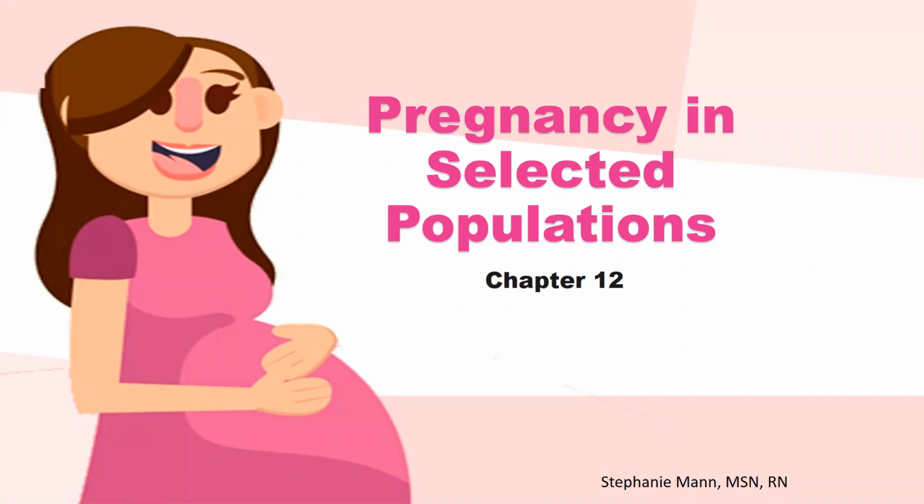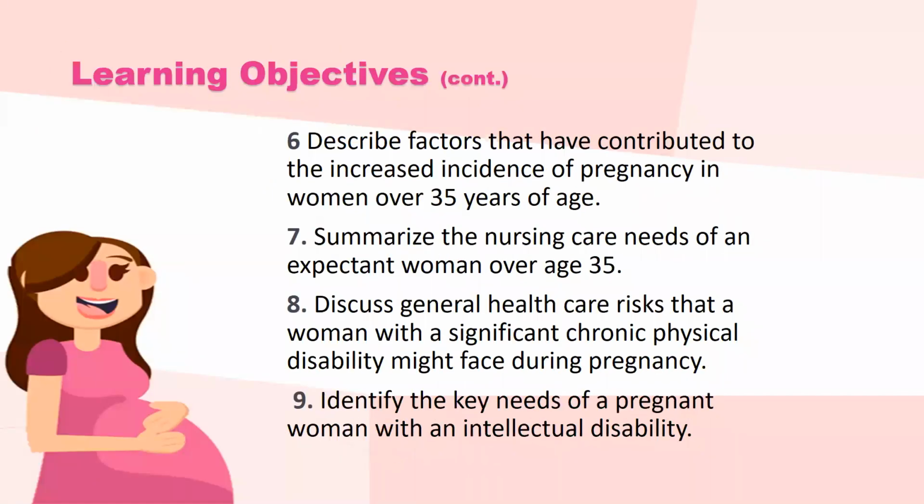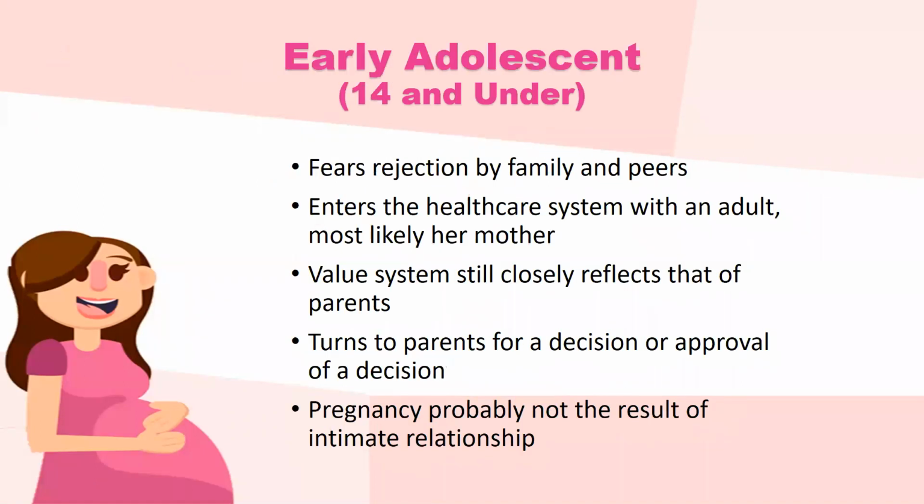Chapter 12, Pregnancy in Selected Populations. Scope of adolescent pregnancy: about 1/4 of pregnancies are terminated by therapeutic abortion in this age group. Teenage pregnancy is still one of the highest rates in industrialized nations.